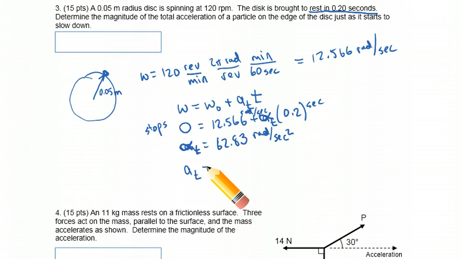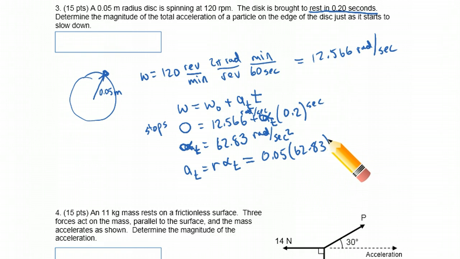So a sub t is just the radius times alpha t. So that's going to be 0.05 times 62.83, which is 3.14159, pi, and that's going to be meters per second squared.